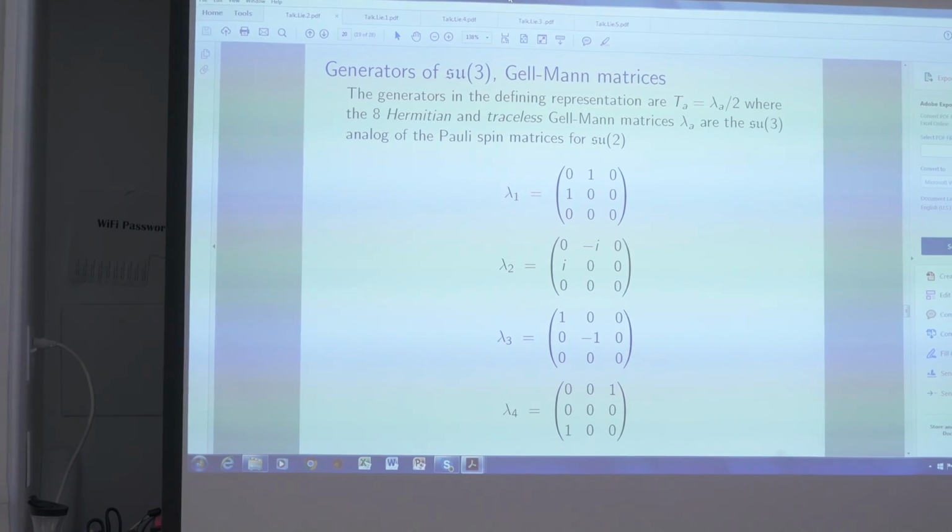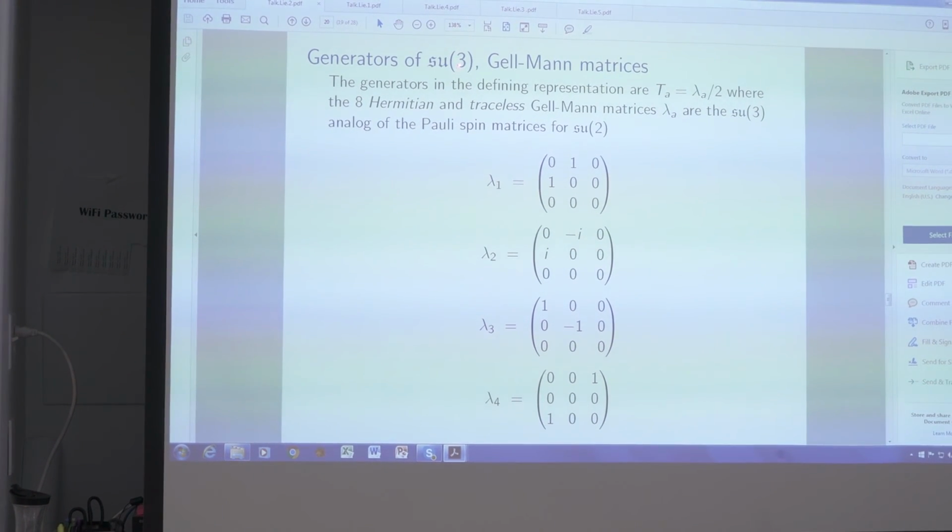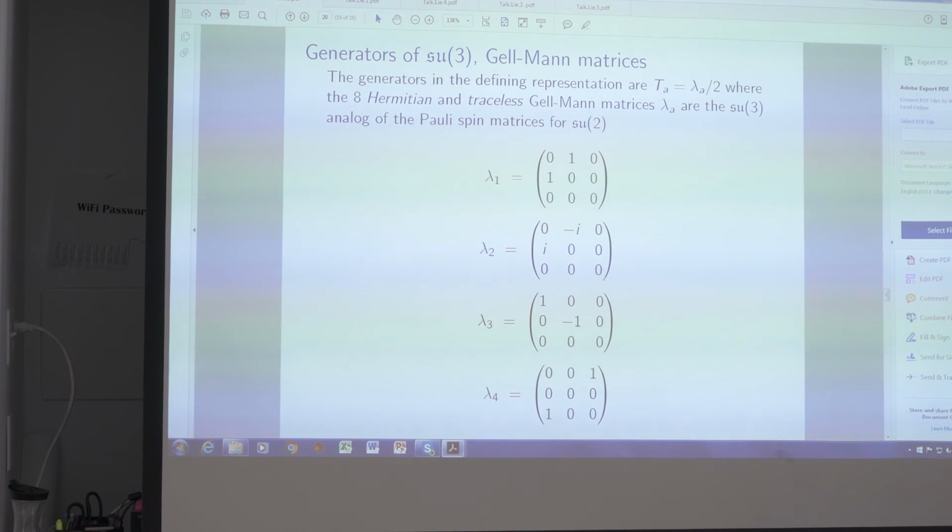Okay, so the Gell-Mann matrices are now, remember, SU(3): 3 squared minus 1 is 8. I'm going to have 8 Hermitian traceless Gell-Mann matrices. Let me give you 4 of them, and then more in the next slide.